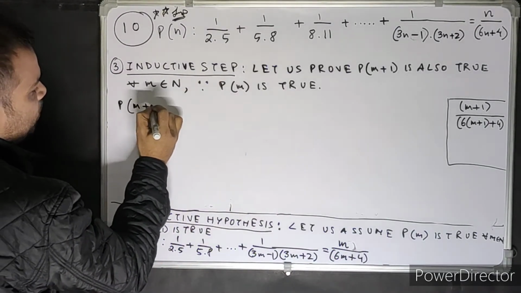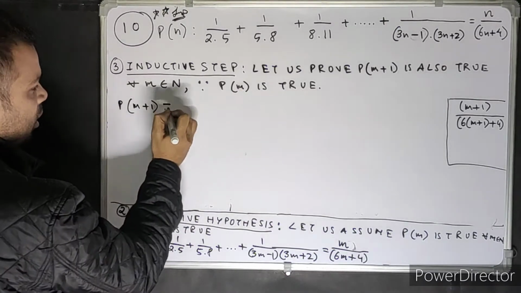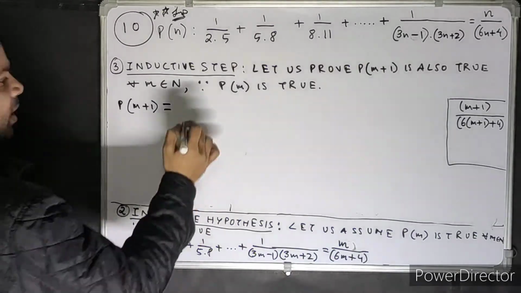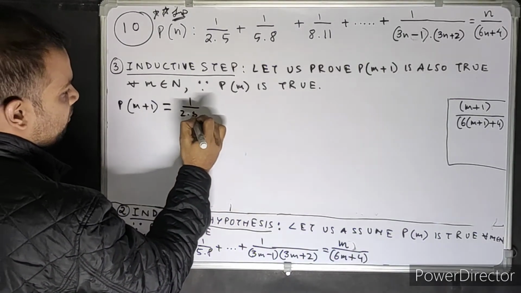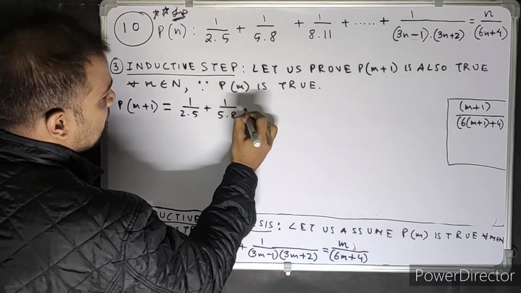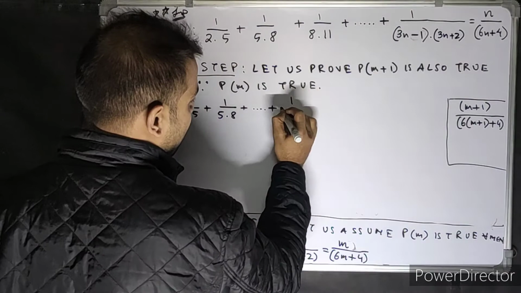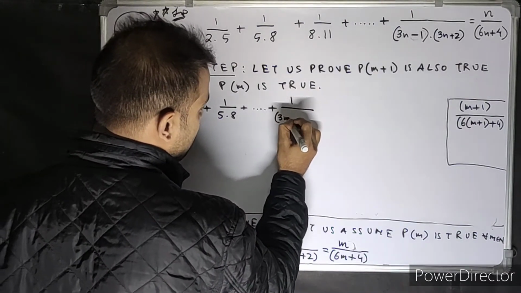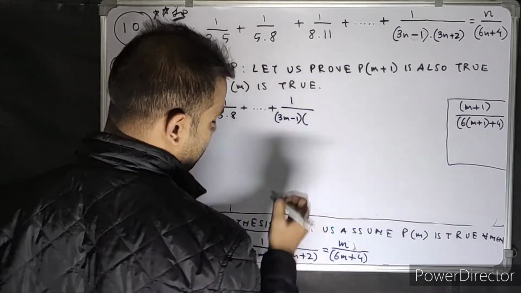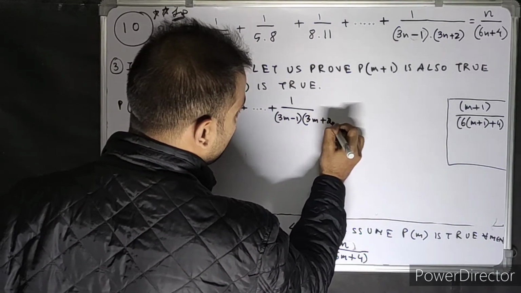So what is my P of m plus 1? You can start with an equal to. P of m plus 1 will be 1 by 2.5 plus 1 divided by 5.8 plus, don't write many of them, plus 1 divided by, first the mth term, 3m minus 1, and then the m plus 1th term.